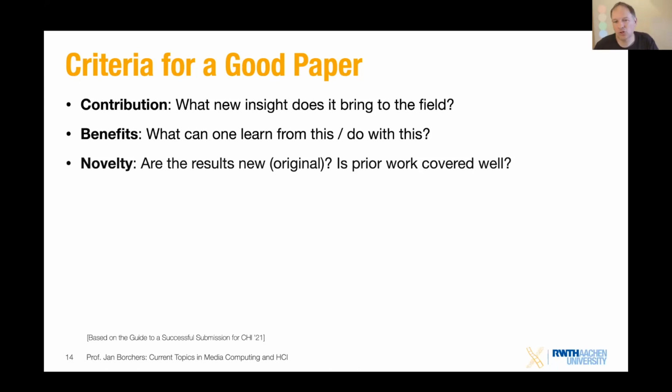Because you don't know whether you overlooked a paper that actually does the same thing that the original author did. We can never prove the absence of that paper, just like we can never prove the absence of bugs, right? In software, we can only prove their existence or document their existence. So we can only do a reasonable effort to try to find out whether there is work already out there.